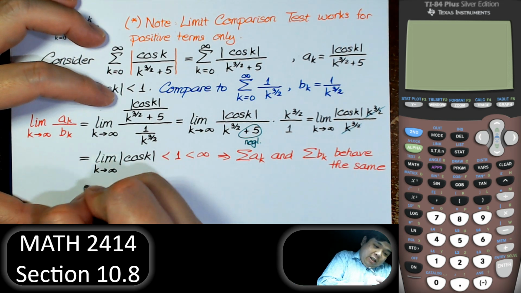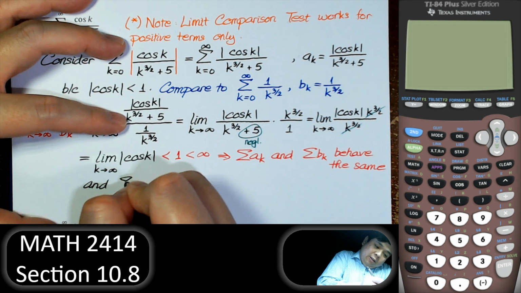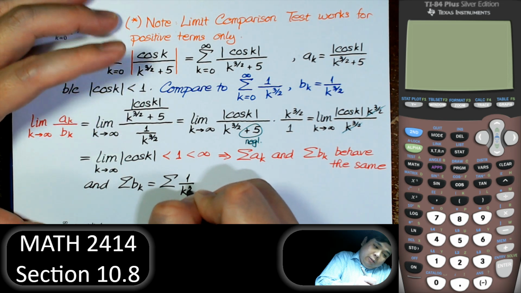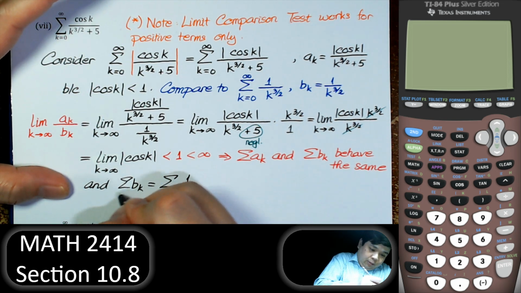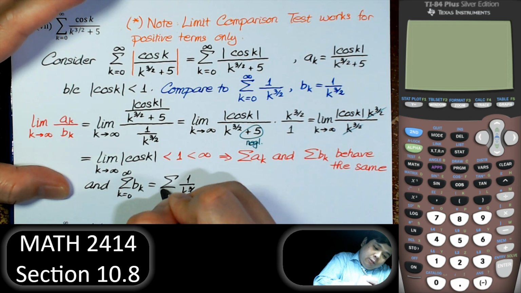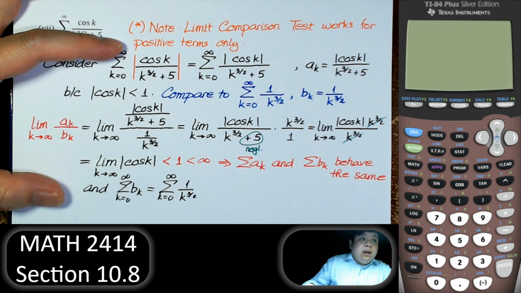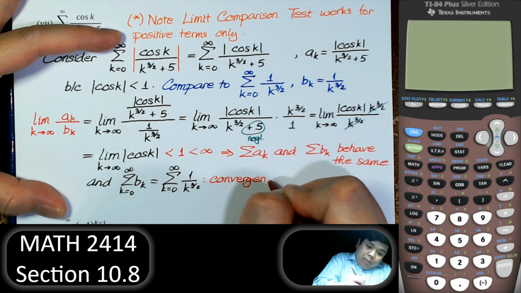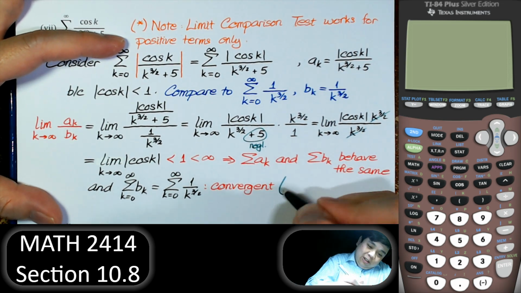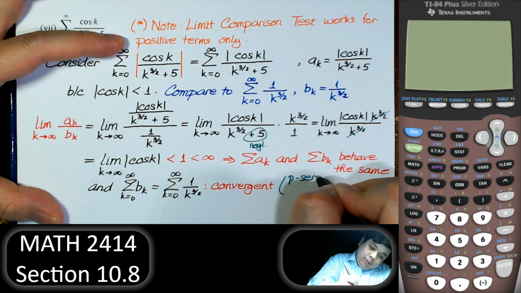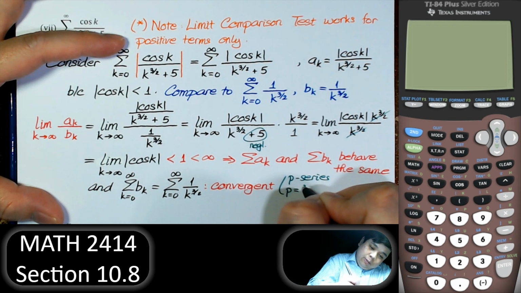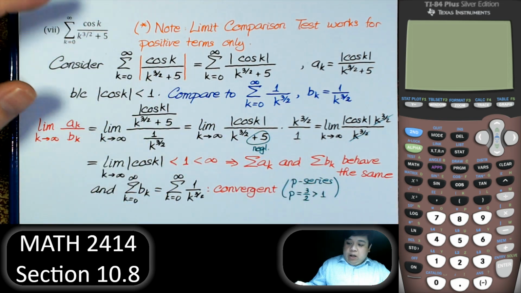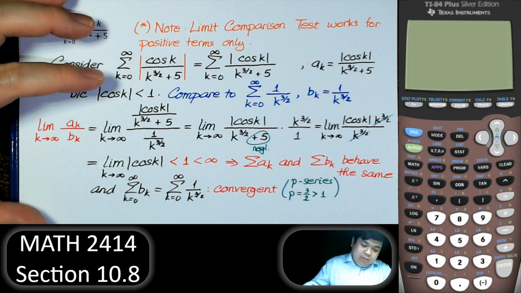And then we have b sub k. This one is convergent because it is a p series, and p is 3/2, greater than 1. Right, they behave the same, so a sub k is convergent as well.